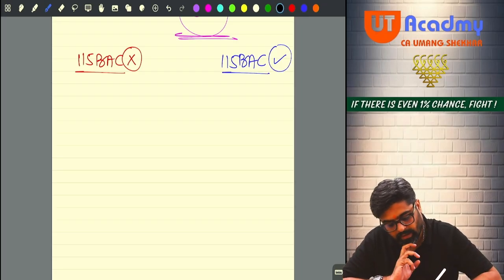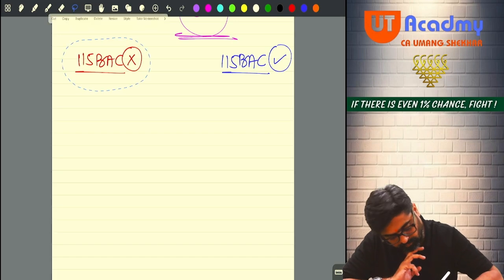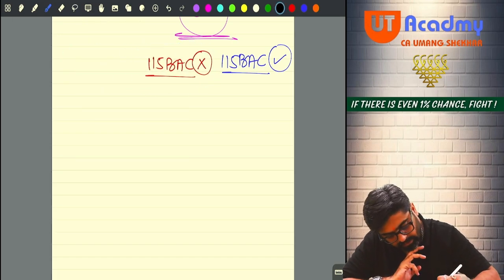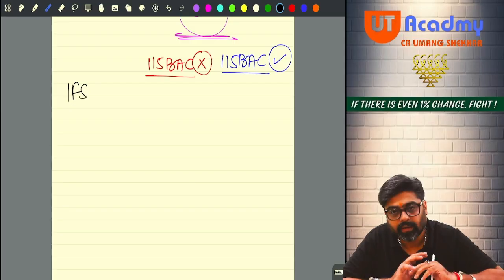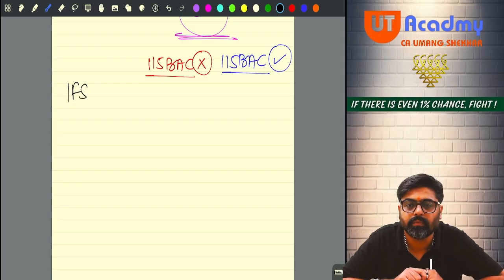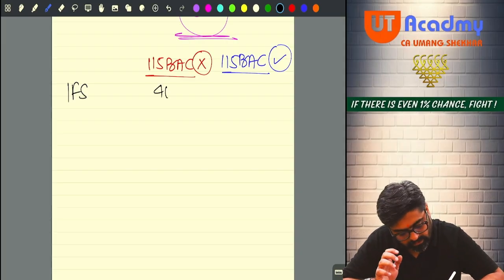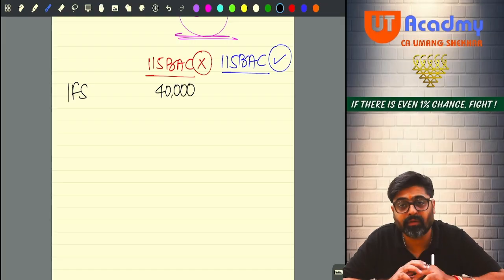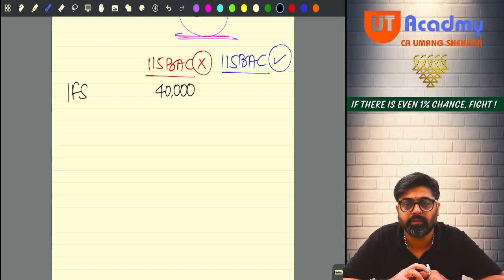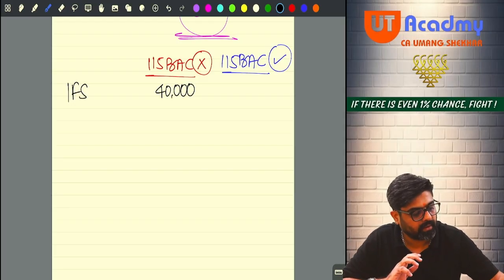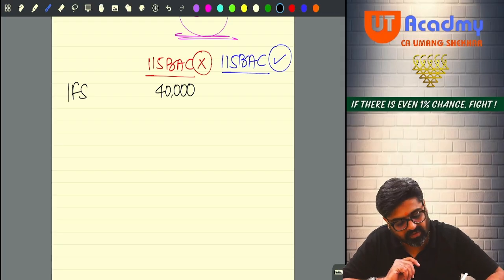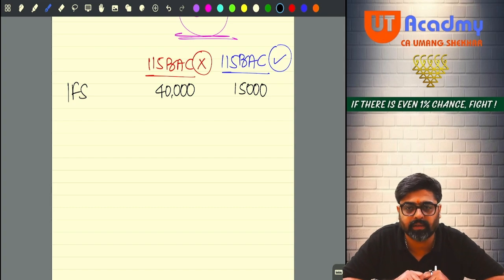Now see, income from salary. 90,000 is there. 50,000 standard deduction, so 40,000 will be taxable if I don't follow 115BAC. But if I follow 115BAC, then I will get 75,000 standard deduction. So from 90,000, 75,000 standard deduction, 15,000 will be taxable if I follow 115BAC. Are you all understanding what is happening?